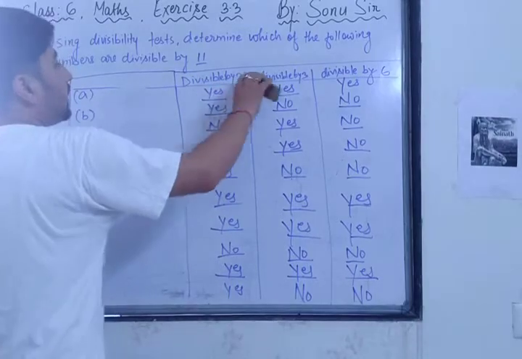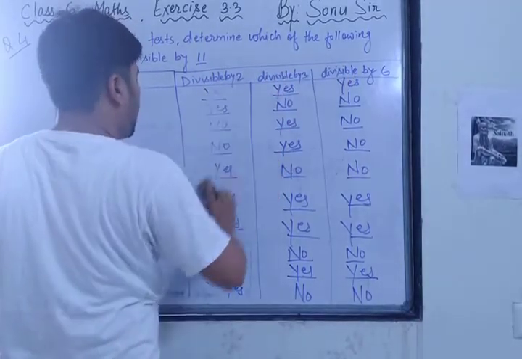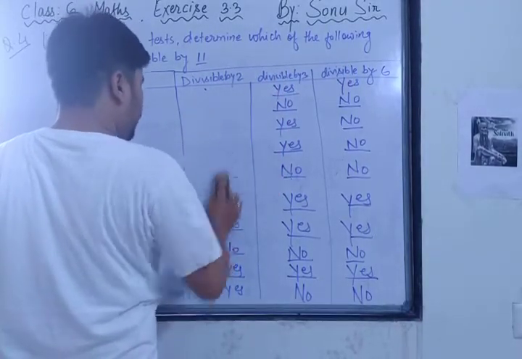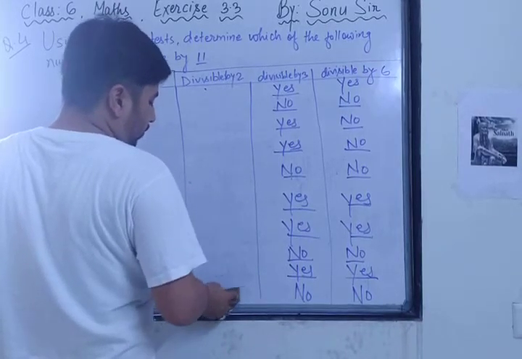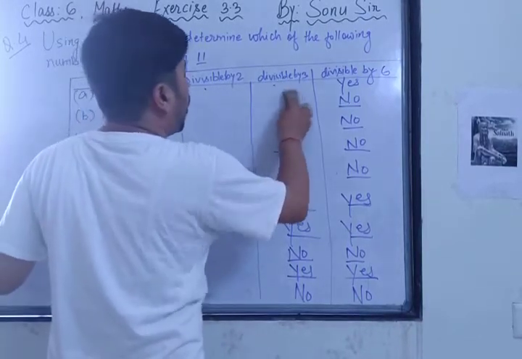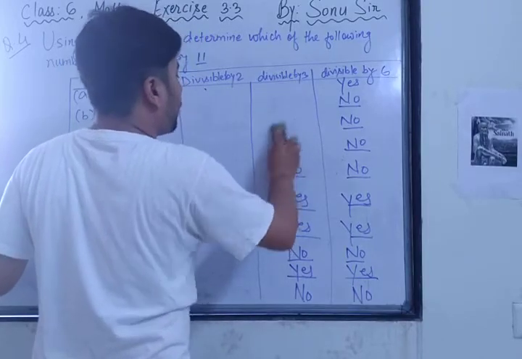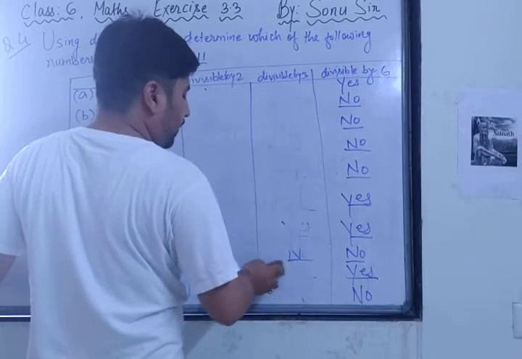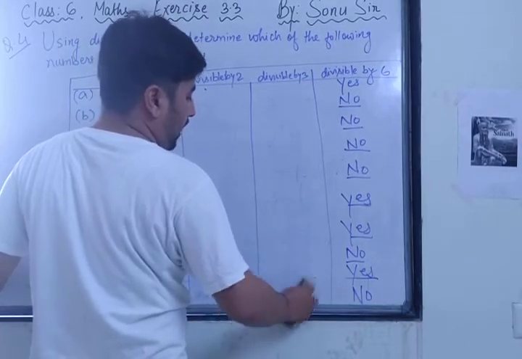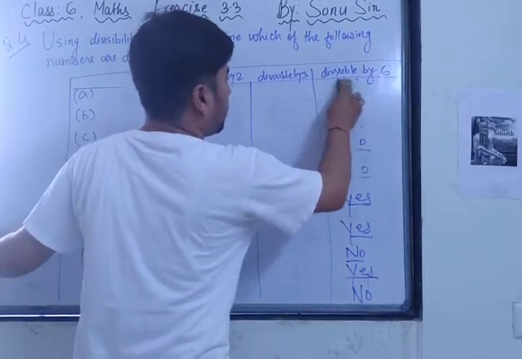Then only the number will be divisible by 11. Got it? So first of all we will write the sum of all the odd-place digits and the sum of the even-place digits, and the difference must be divisible by 11. Then the number will be divisible by 11.